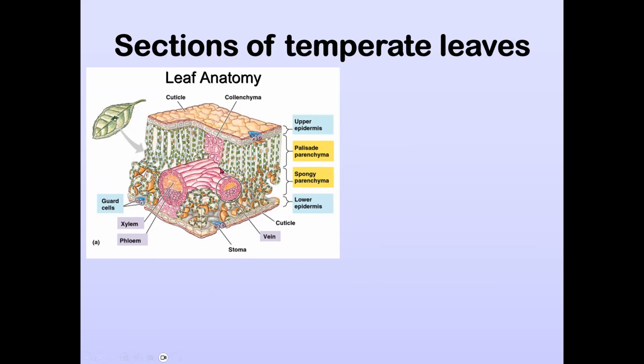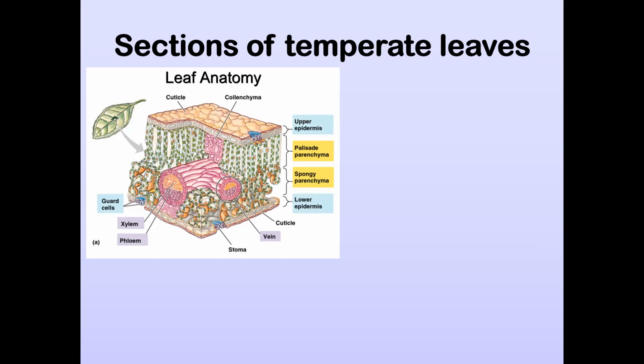There are layers. So we have an upper and lower epidermis. Epidermis is like us. We have our skin. There are different sorts of cells. These ones are always called the palisade mesophyll, or parenchyma is another word for it. Now, palisade is a Greek word for column.